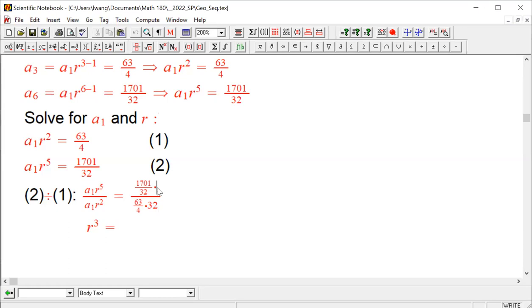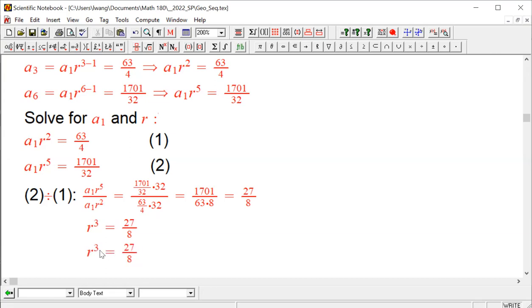Why 32? Because 32 is a common denominator. The top is 1701, and the bottom, 4 goes into 32 eight times, so 63 times 8. We simplify and get 27 over 8. So 27 over 8 is r to the power 3. Next, we're going to take a cubic root.